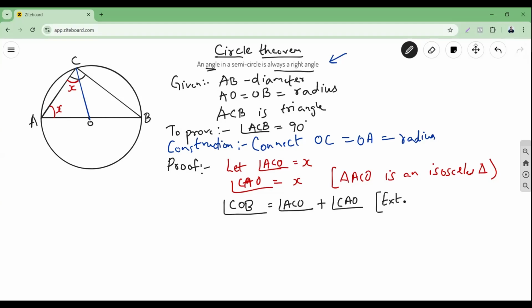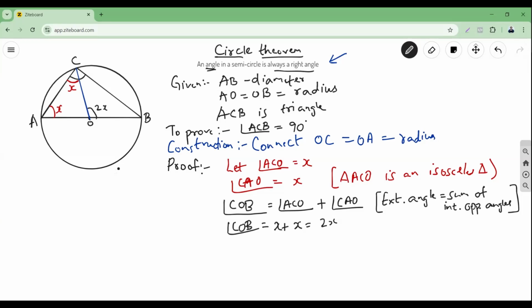Exterior angle is equal to the sum of interior opposite angles. That is the reason I can say this. So angle COB becomes equal to x plus x, that is 2x. Now I have got this as 2x.